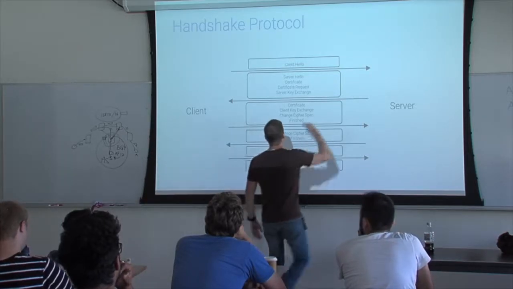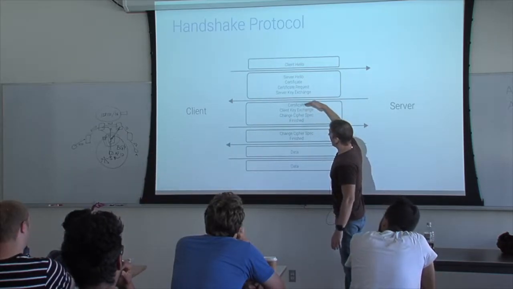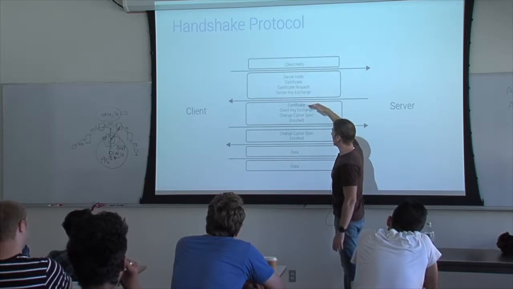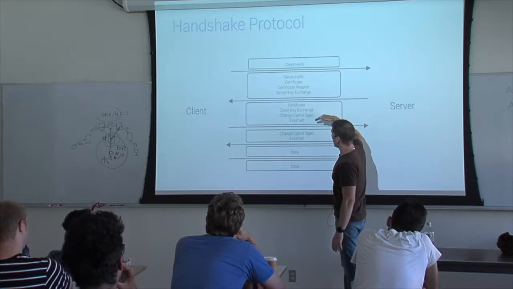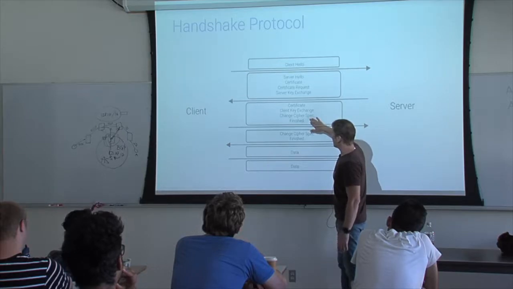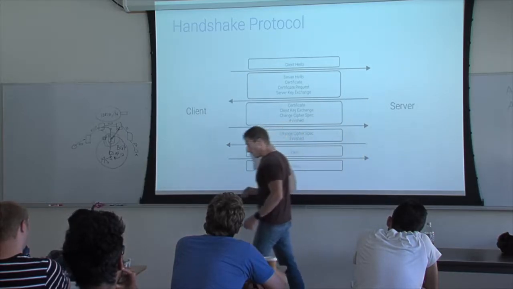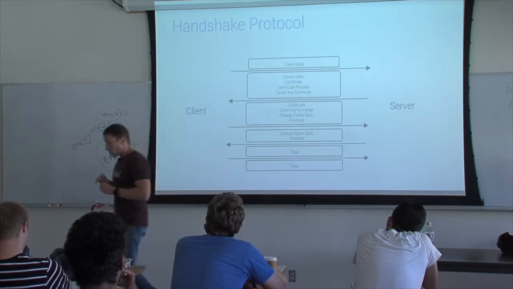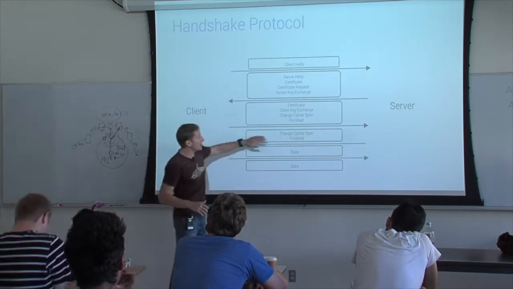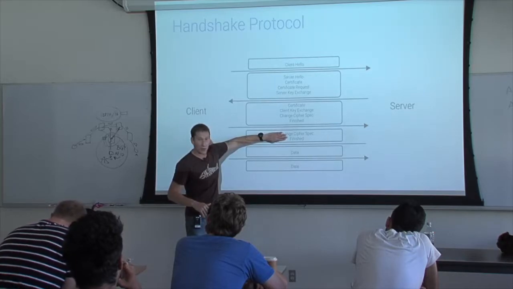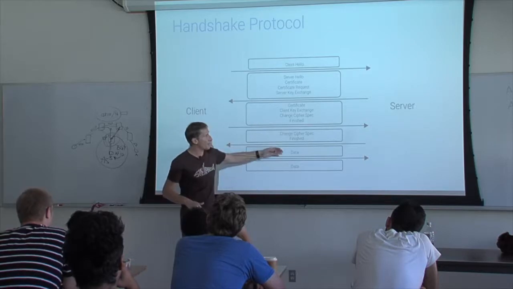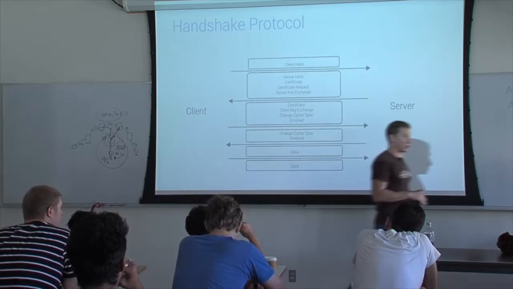And there is the server key exchange, and then the client replies optionally with its own certificate, the client key exchange, and the cipher spec that says, hey, change the encryption to this set of parameters. When this is done, the server says, okay, I agree to that particular set of cipher spec, and from that point on, they can exchange data.